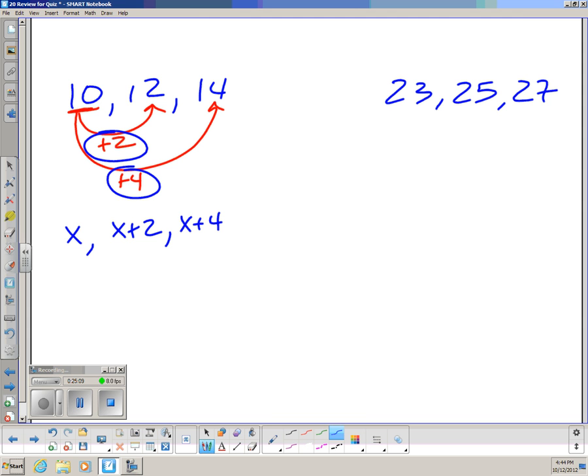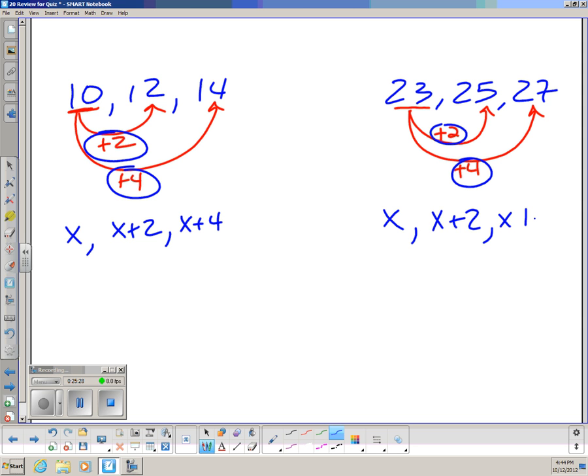Now, oddly enough, no pun intended, going from the 23 to the 25, I add 2. Going from the 23 to the 27, I add 4. So, if I started off with x, I would take x and still add 2, and I would take x and still add 4.